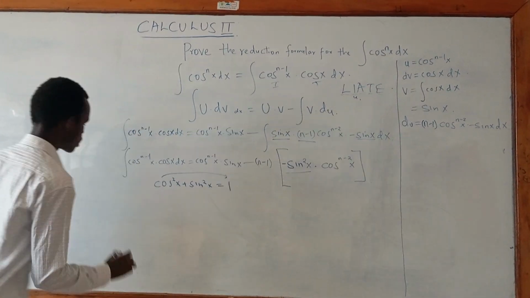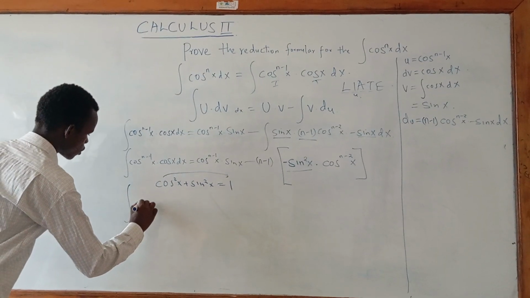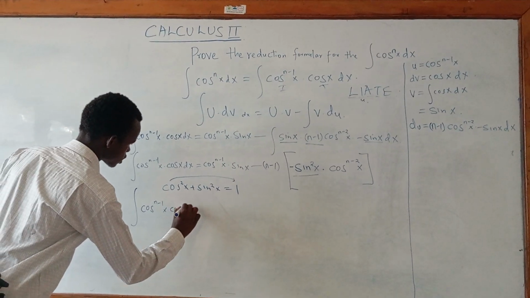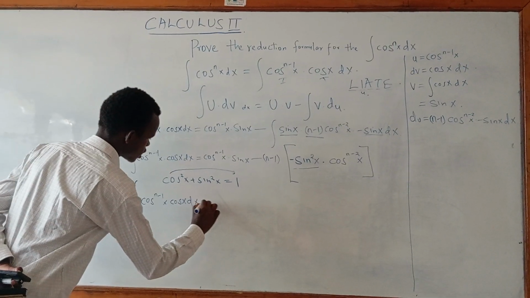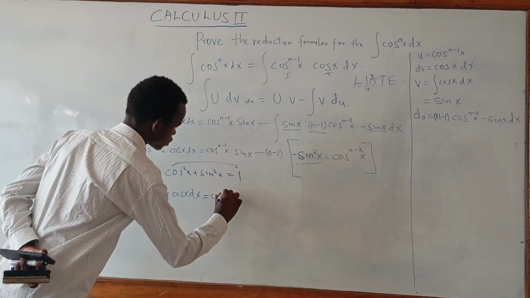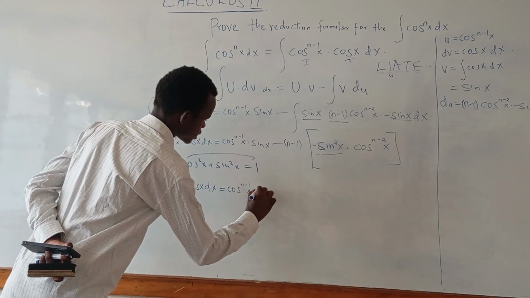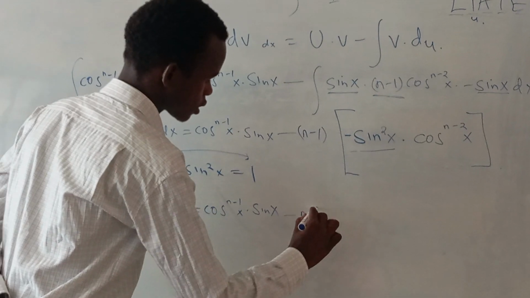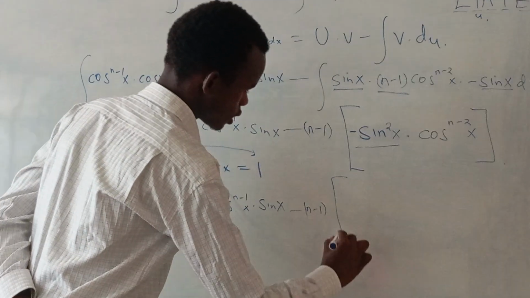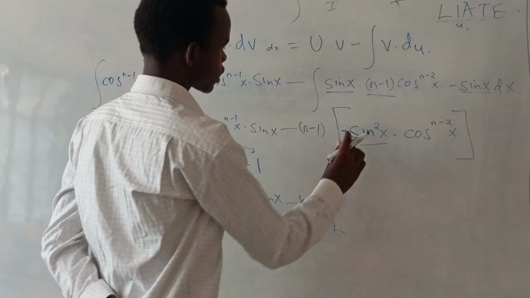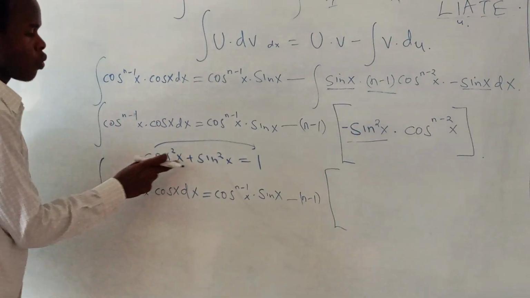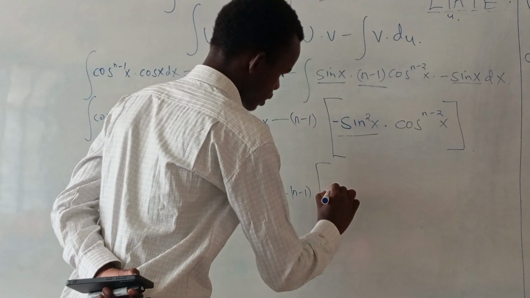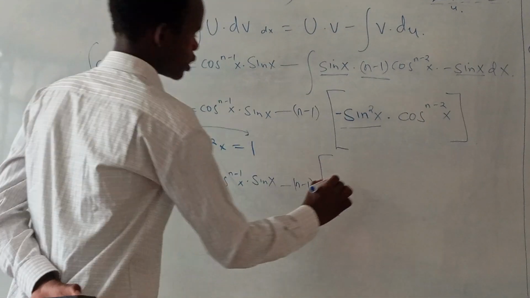Substituting that, the integral of cos to the n minus 1 of x multiplied by cos x dx equals cos to the n minus 1 of x multiplied by sine of x minus n minus 1, and inside the whole open bracket we replace sine squared with 1 minus cos squared of x. These have a negative sign.